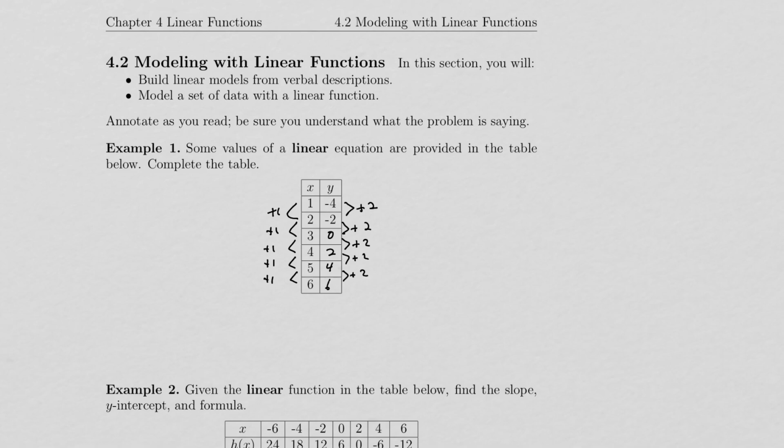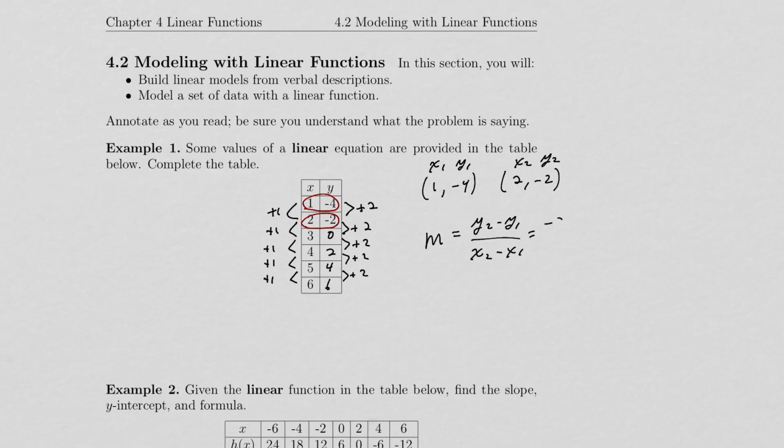So if I use this as a point and this as a point, I have 1, -4, and then 2, -2. Think of this as x1, y1, x2, y2. So the slope, by definition, is going to be y2 minus y1 over x2 minus x1.